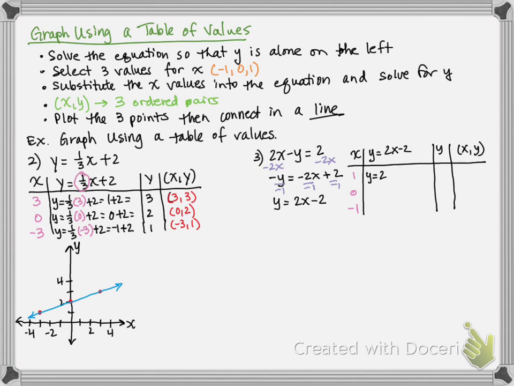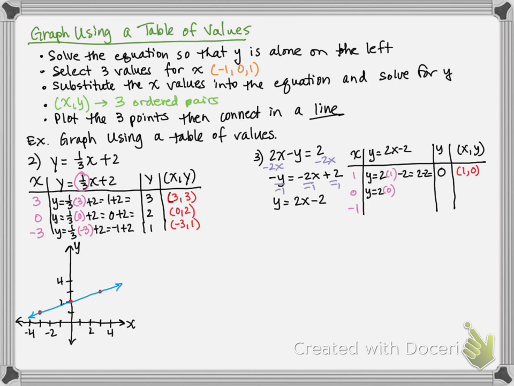Y equals 2 times 1 minus 2. So let's see, we get 2 times 1 is 2, minus 2 equals 0. So my first ordered pair is 1, 0. Which is the X-intercept, because I have an X value and 0 for the Y. The second one, we get Y equals 2 times 0 minus 2.